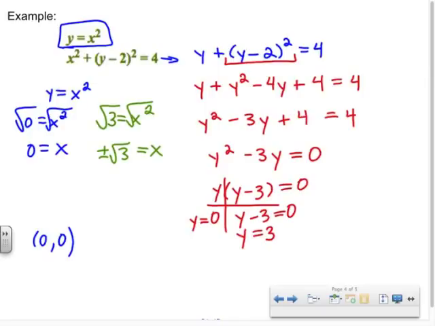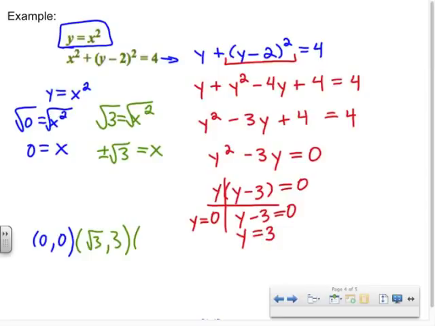So my three answers are 0, 0, then I have the positive root of 3, comma 3, and I have one more point, which is the negative root of 3, comma 3. Okay, I'll write that as a solution set. And then we're all done.